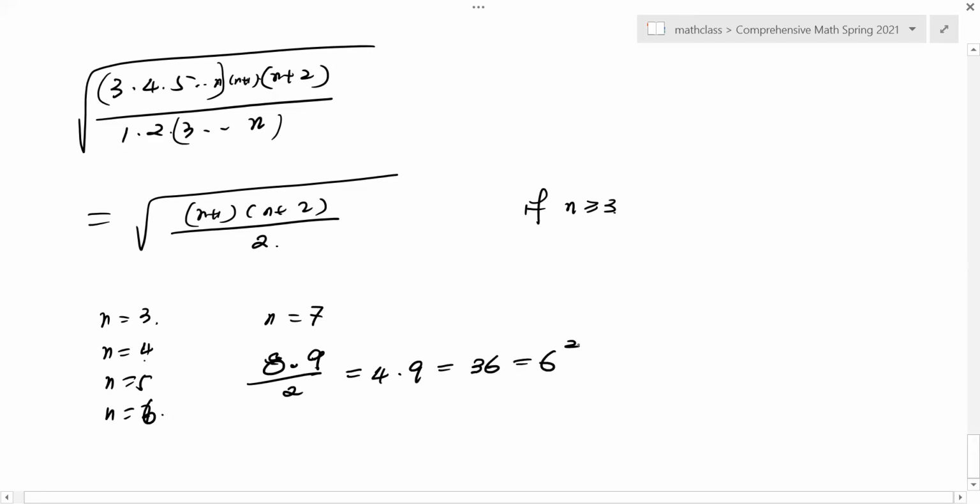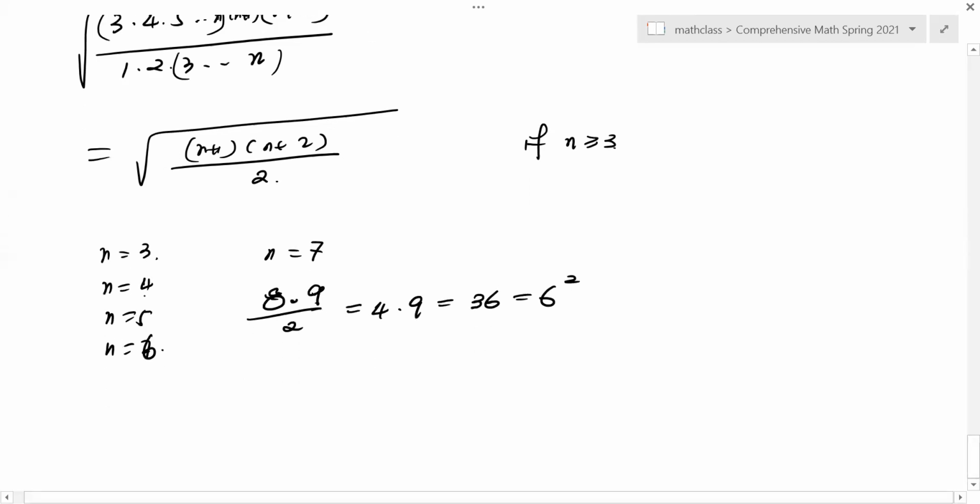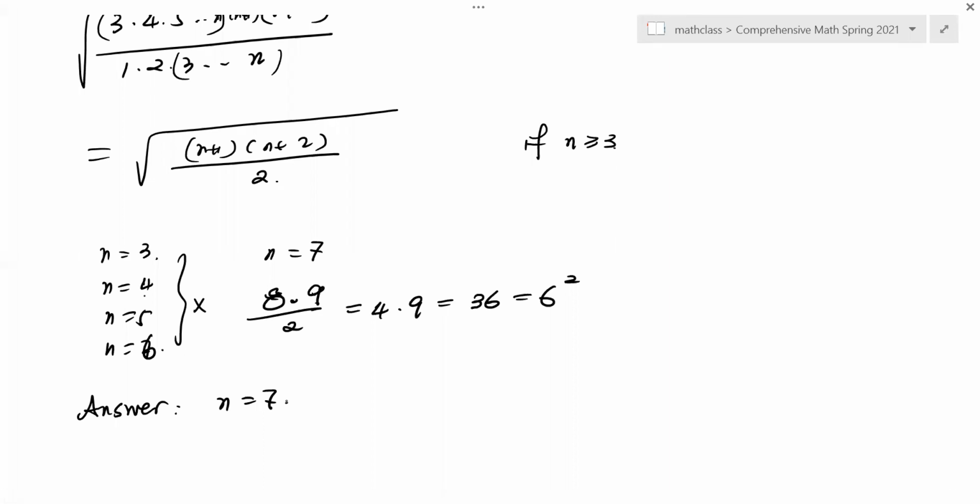Got it? Quick observation: all the others do not work, so the answer is n equals 7. Great. So the first key step is to simplify. Lots of terms can be canceled out.